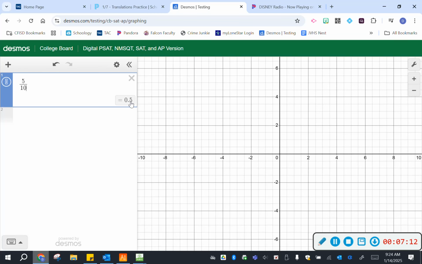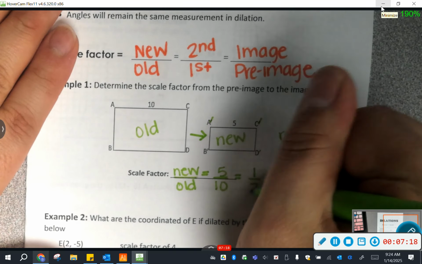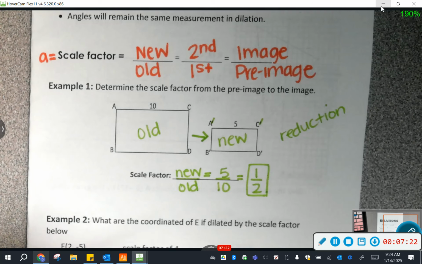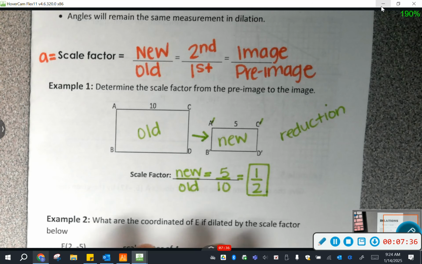I don't want a decimal, I want a fraction. So what is my answer? 1/2. Does it make sense for it to reduce by half? Yeah. That is how you are going to do anything that has scale factor. Divide your new over old. Give me the answer. Okay?